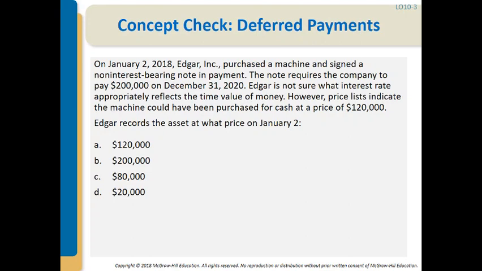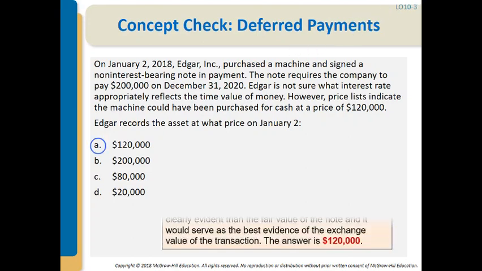However, price lists indicate the machine would have been purchased for cash at a price of $120,000. Okay. Edgar records the asset at what price on January 2nd? Well, obviously it's cash price.